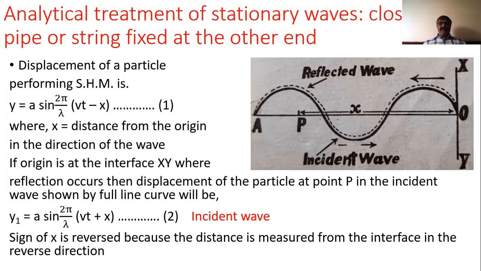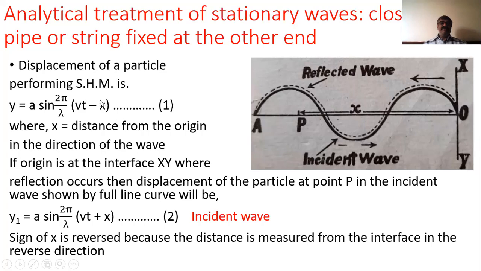We are familiar with the displacement of a particle performing SHM, given by y equal to a sine 2 pi by lambda into (Vt minus x), where the progressive wave is traveling along the x direction, and the particle is vibrating along the y direction, perpendicular to the direction of propagation of the wave.